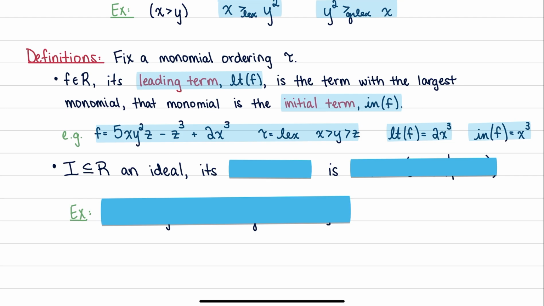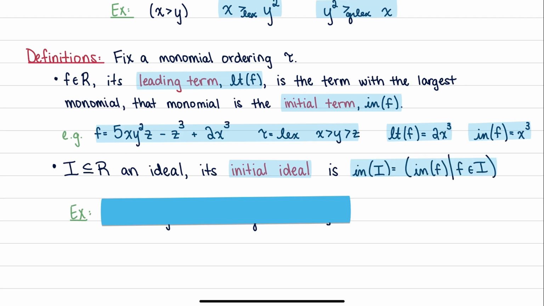Okay, so that definition, we had a fixed monomial ordering and some polynomial. Now we're going to fix a monomial ordering and think about an ideal. This ideal has an initial ideal.